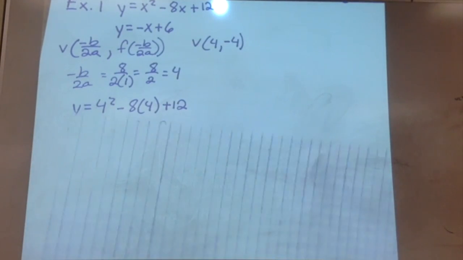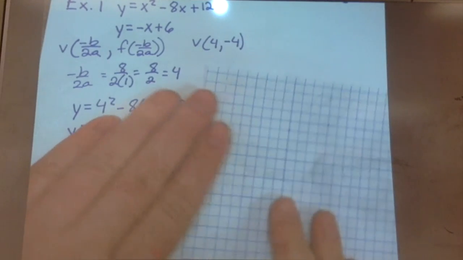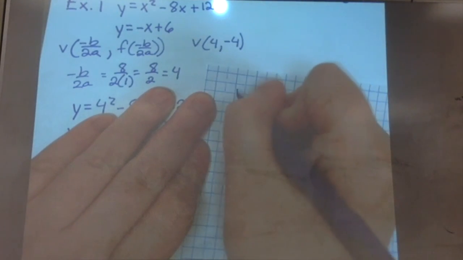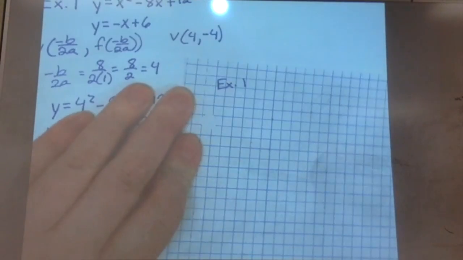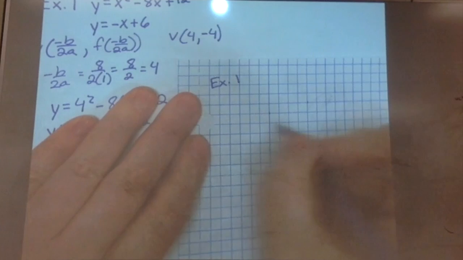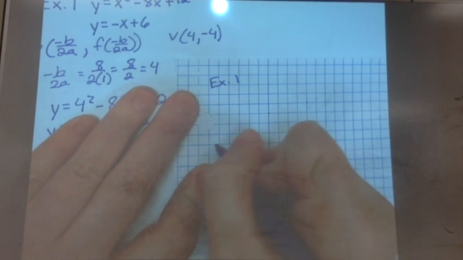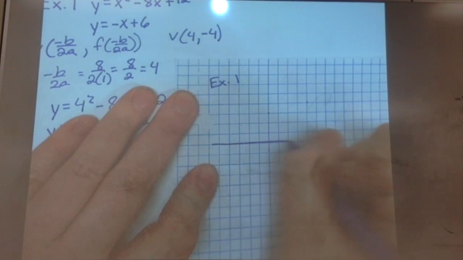All right, so I'm going to draw a graph. This goes with example 1. So I just set up the y-axis.